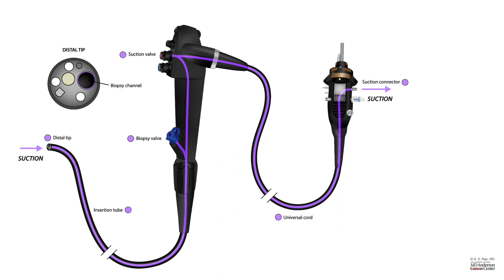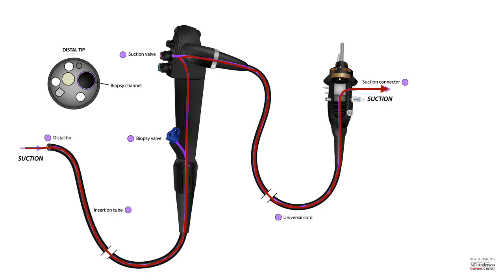Next, let us look at if you have a lot of fluid or a lot of air and you want to suction that, you press on the red button all the way down. Once you press the red button, it suctions the fluid and air out through the suction to the suction canister.